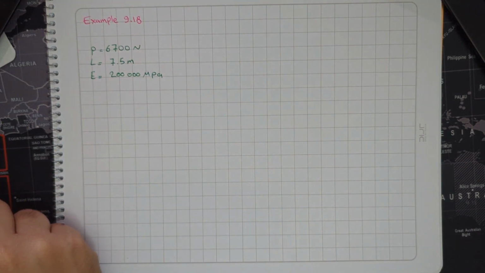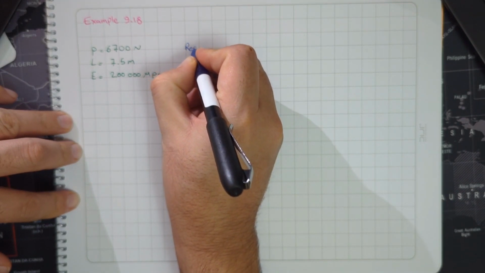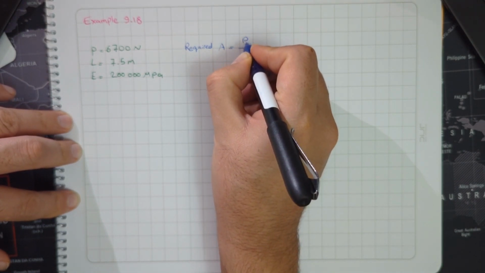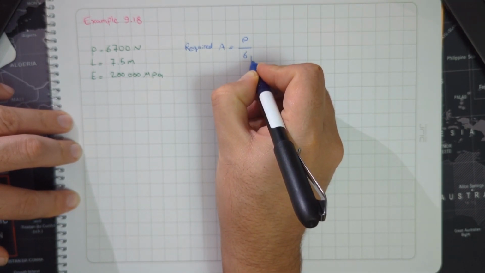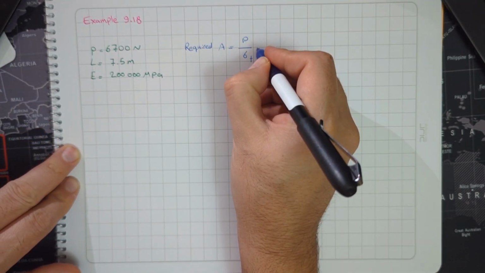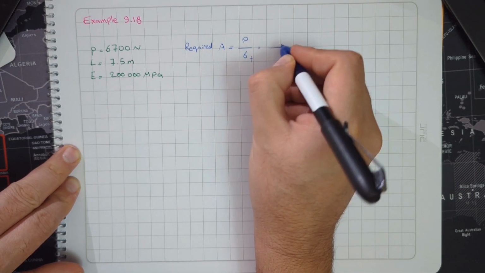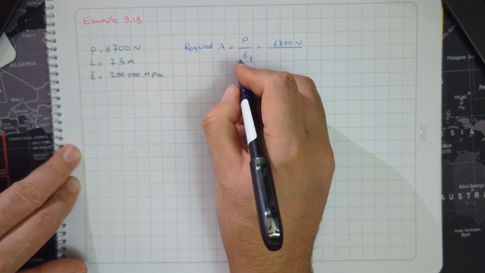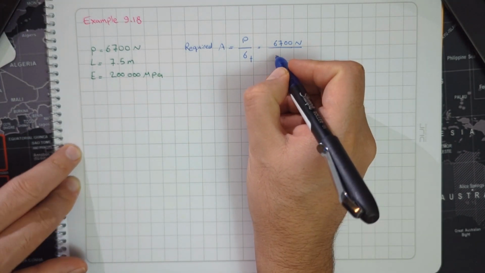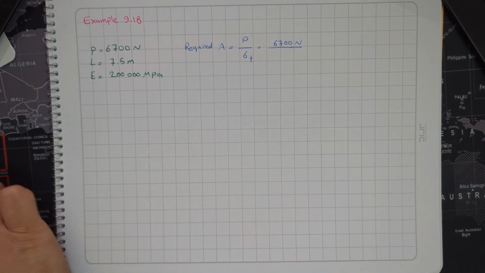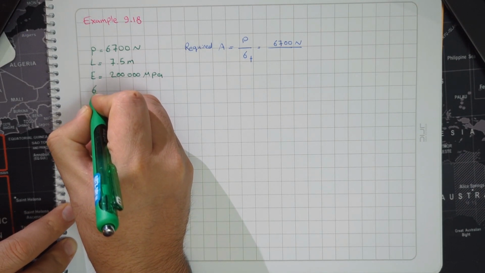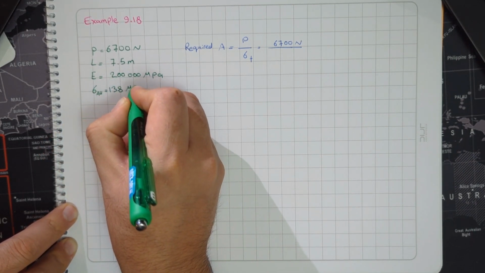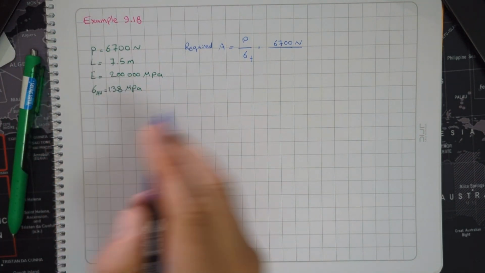So the required area is P over sigma total, which was P was 6,700 Newton, and the sigma T or sigma O was 138 megapascal. These are numbers that the question gave us.